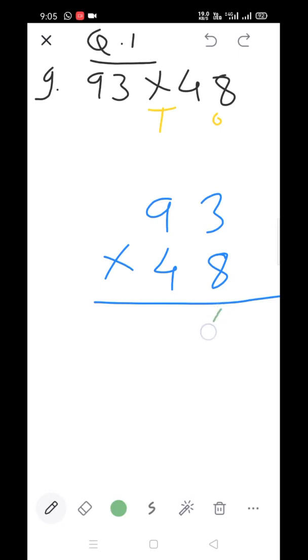So 4 will be here and 2 as a carry. Next, 9 multiplied by 8. 8 nines are 72 plus 2, 74. So 7 and 4 will be here. So it's 744 and one place is added, that is the hundreds.